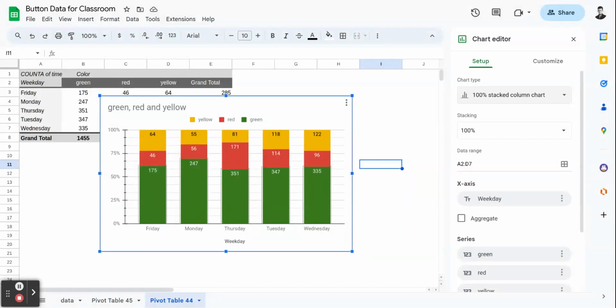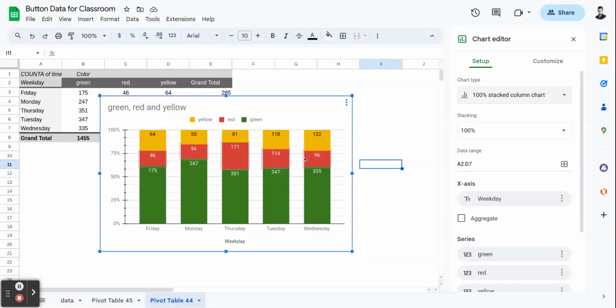So Thursday's interesting because the most people clicked green on Thursday. However, it's the lowest percentage of green of the whole week because it's the day when people click the most. So Thursday actually has the most red clicks percentage-wise and quantity-wise.